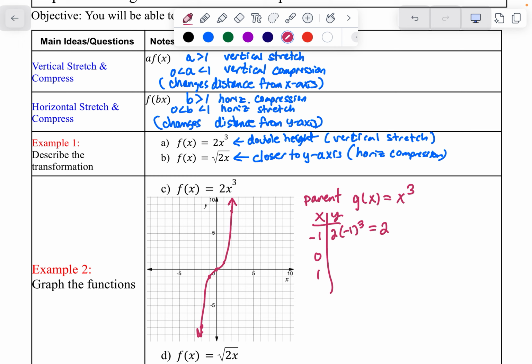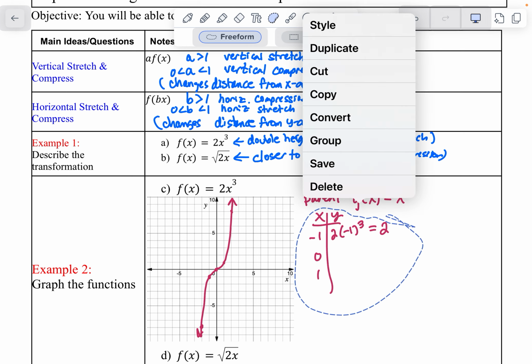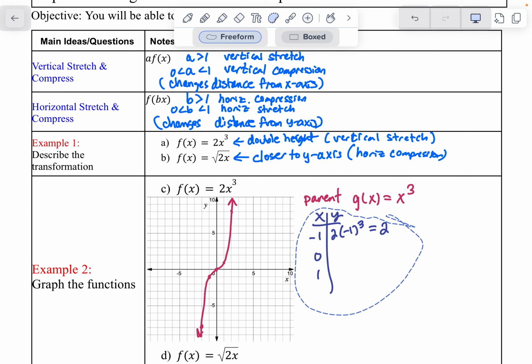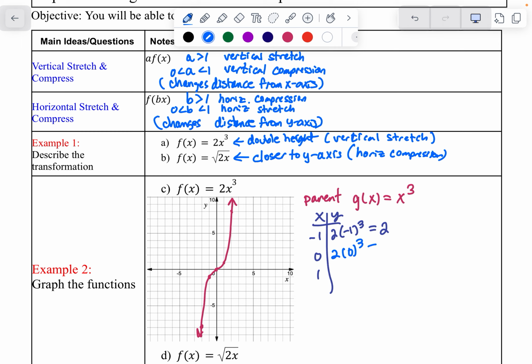If you plug in 0, 2 times 0 cubed is 0. If you plug in 1, you get 2 times 1 cubed, which is 2. Okay?